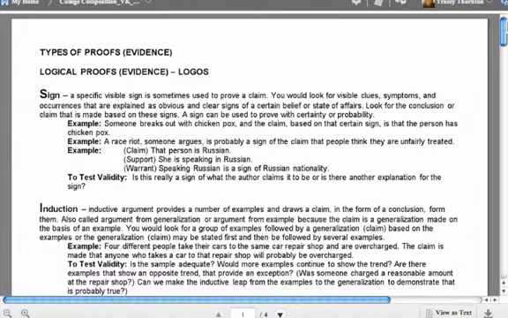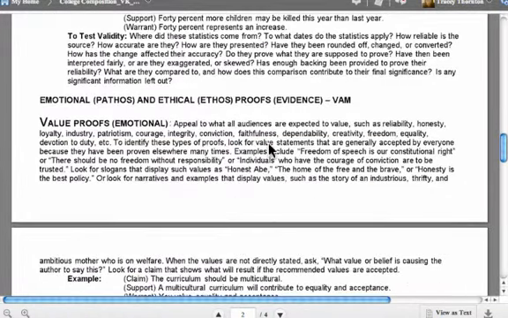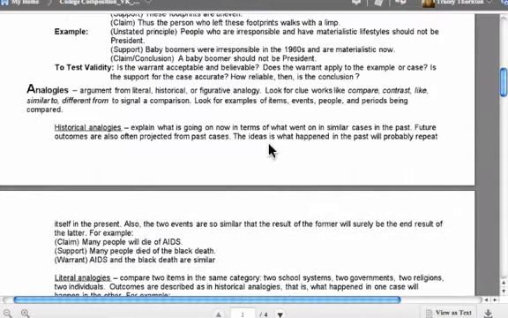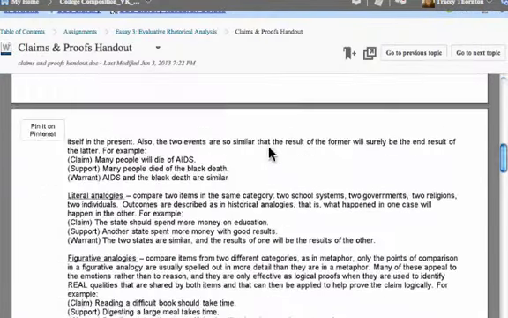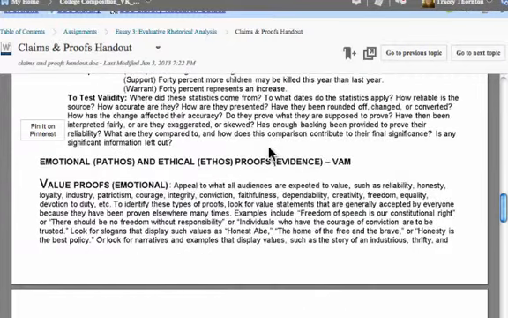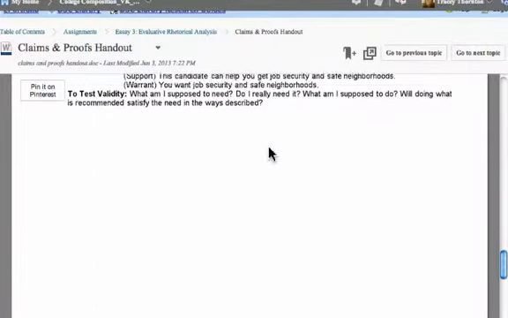Now, types of proofs is just another word for evidence. This deals a lot, again, with the logos of your argument, the actual logic of it, the reasoning and the evidence. And this gives you several different pieces of evidence. You can see that there are logical appeals, there are emotional appeals, pathos, and there are motivational proofs, which are also emotional.